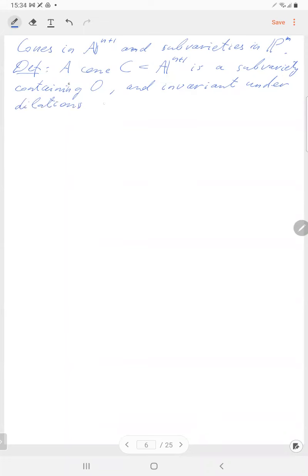So we have the action of the multiplicative group, say GM times C into C, namely lambda and c goes to the product. In fact, you can extend it to the action of the monoid, just A1 times C by the same formula.